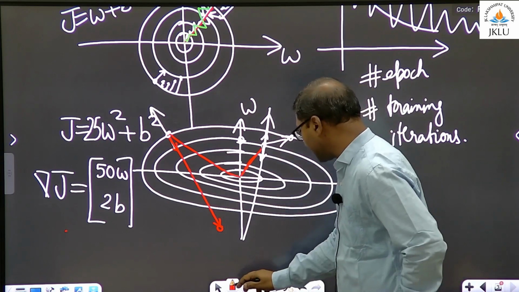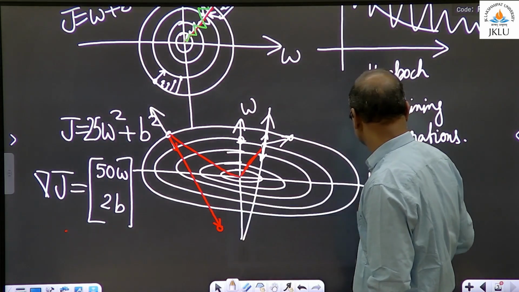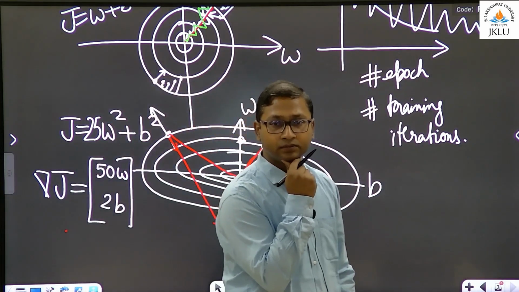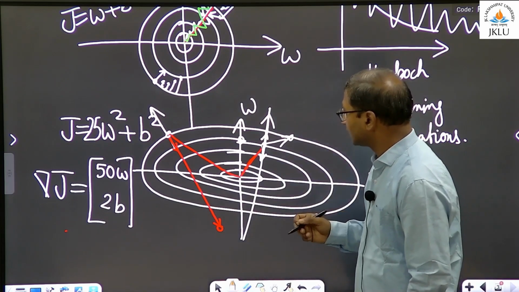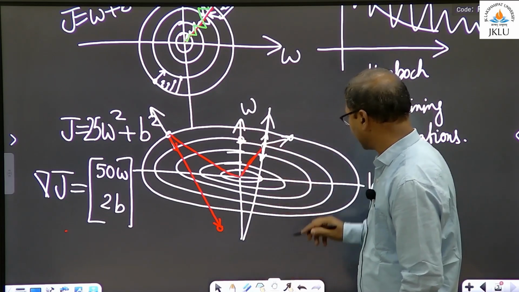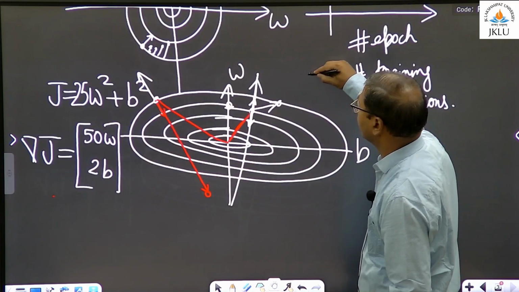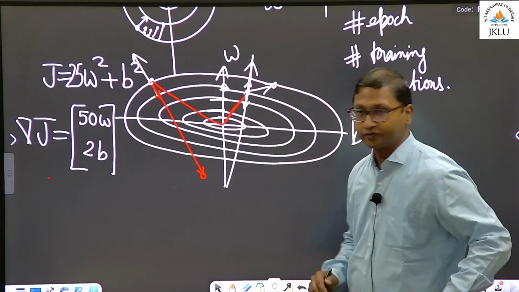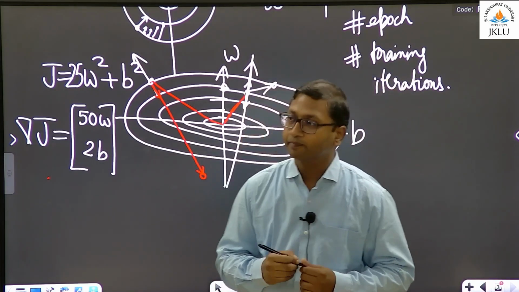How do we take care of this problem now? Updating gradient as well. How do we do that? I mean, see, these are the problems of gradient descent. Why?